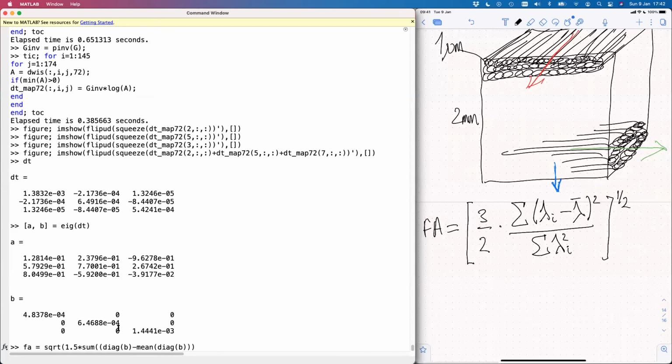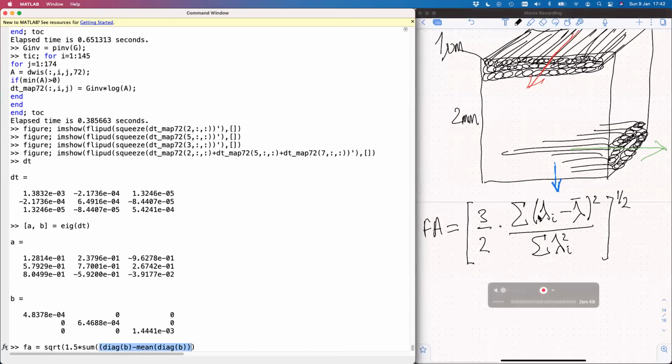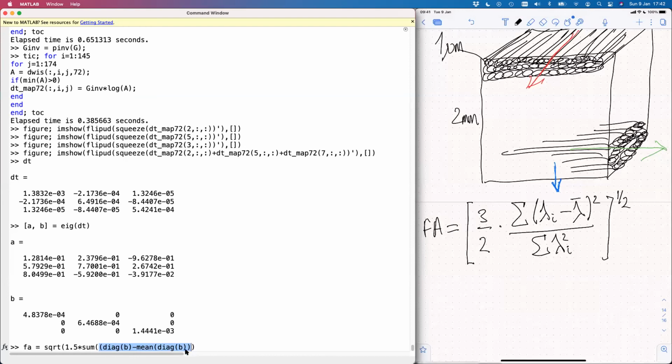So that is giving me this term here. Oh, I need to square it, don't I? Yeah. Squared, okay. So that's the numerator.